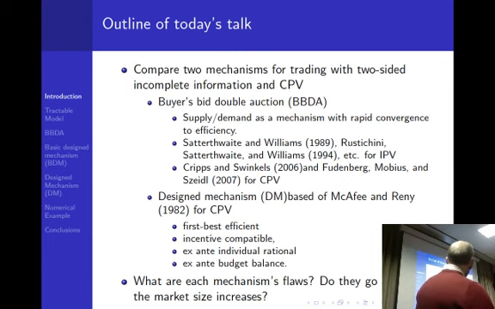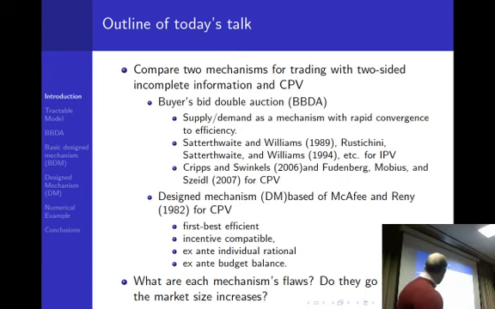There were a bunch of papers in independent private values, and Freudenberger, Mobius, and Seidel had some papers on correlated private values. And I think the bottom line on that is, first, existence is kind of hard as soon as you put correlated private values on it. But second, if you do have existence, boy, it behaves just like independent private values, the rapid convergence to efficiency.